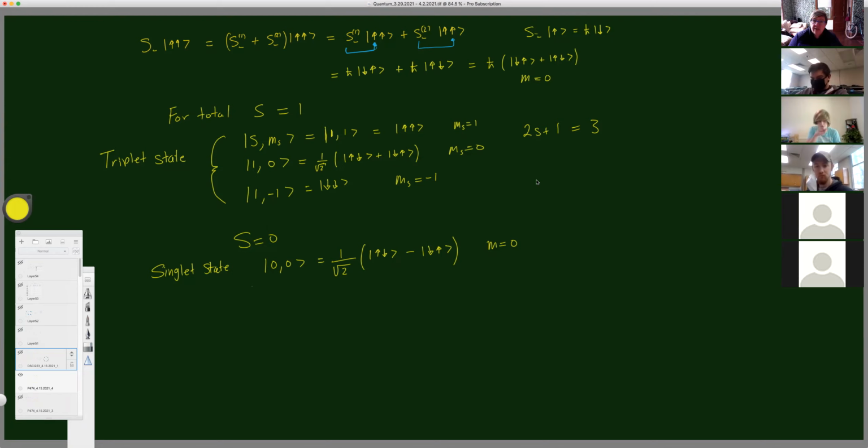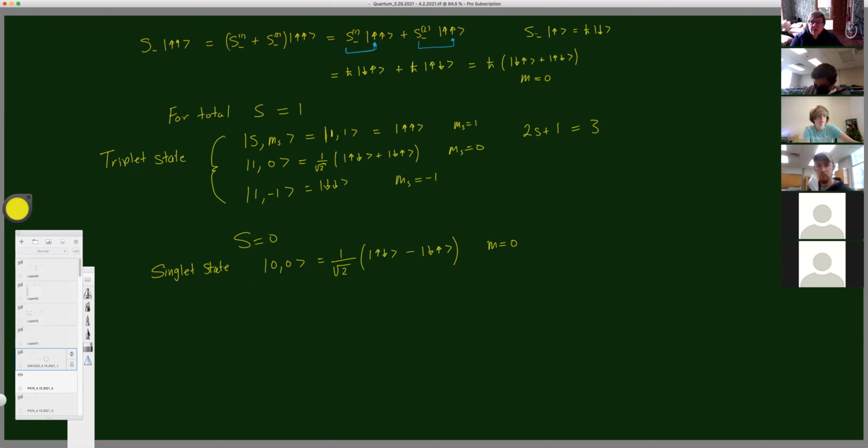I'm not sure we did that. It doesn't look like we did. We got these states by actually applying our S minus to other states. That's how we got the singlet and triplet states, right?